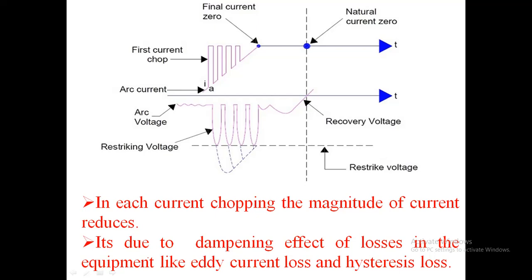While interrupting the inductive current, deionization of the contact space and blast effect may cause the current to reduce to 0 before the natural current zero. This current chopping is very serious, causing voltage oscillation. I am just taking this current as I.